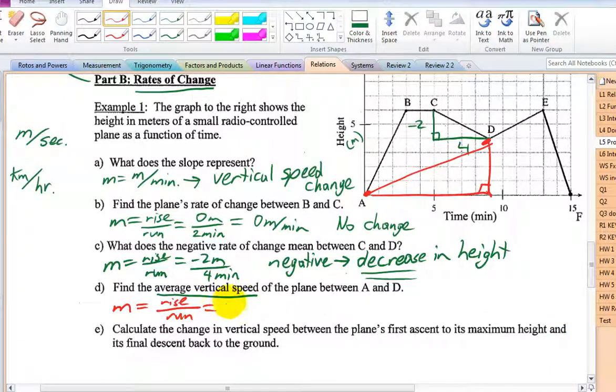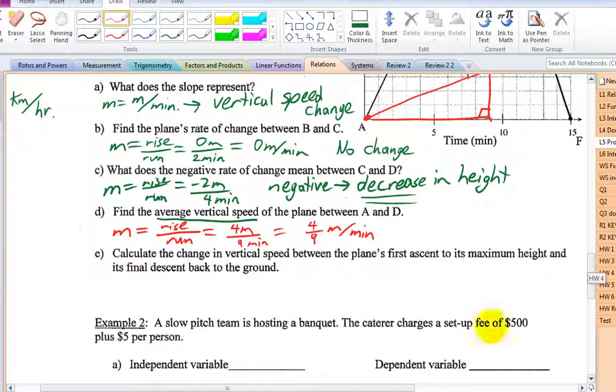So your rise is 4 meters and your run is 9 minutes. So that equals 4 over 9 meters per minute. Okay. Now you could go to a decimal there, although a fraction's okay as well. Usually your fractions will simplify to a nice number for your textbook. Any questions about finding A and D? Okay, you have to make the line there.